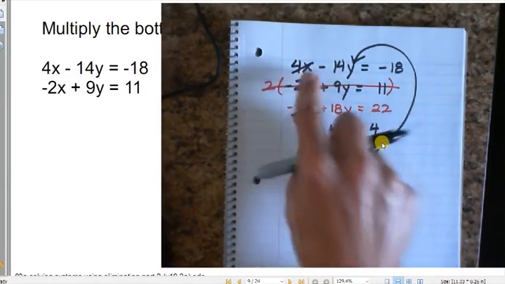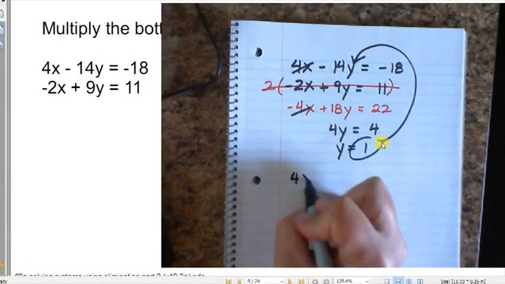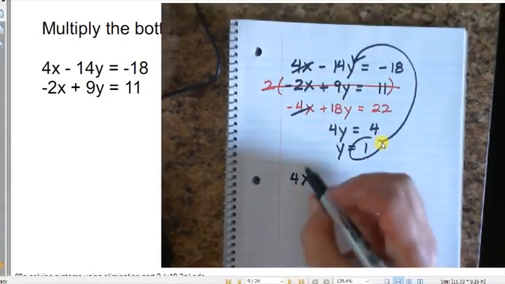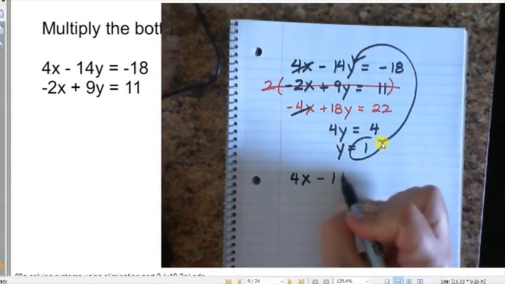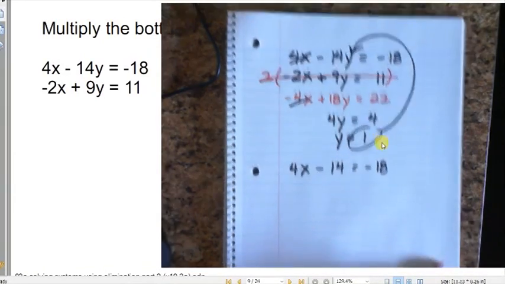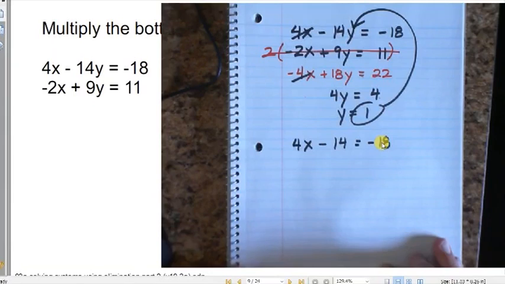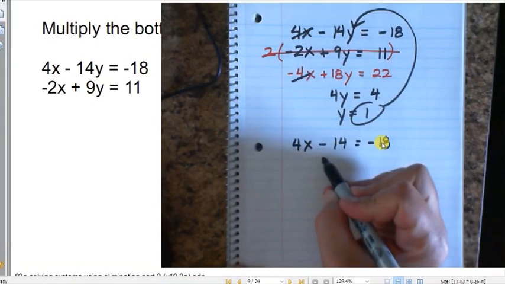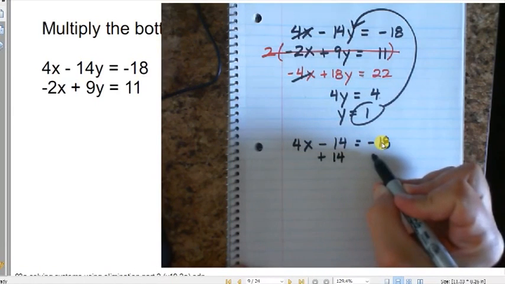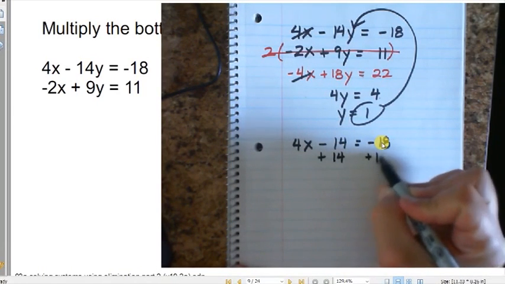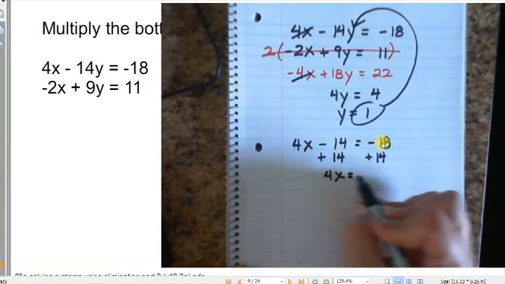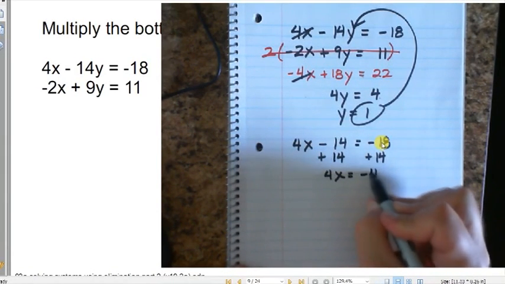So I have 4x minus 14 times 1, which is negative 14, equals negative 18. What would you like to do? Add 14 to both sides. 4x equals negative 4.